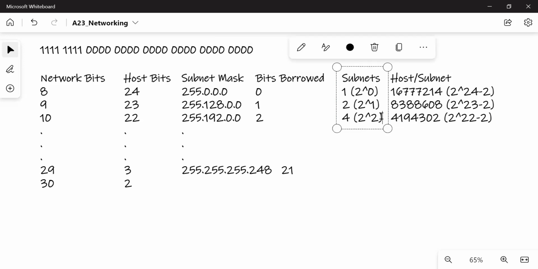So the subnets, since you have borrowed 21, will be around 2 million, isn't it? 2 to the power 21. So what is the value of 2 to the power 21? Let me use a calculator.